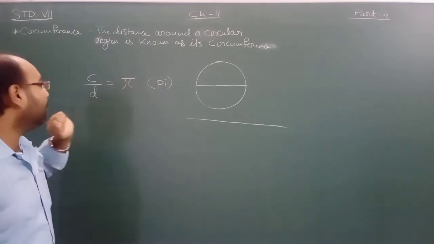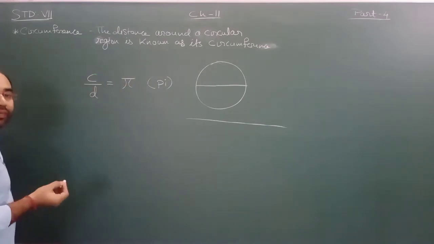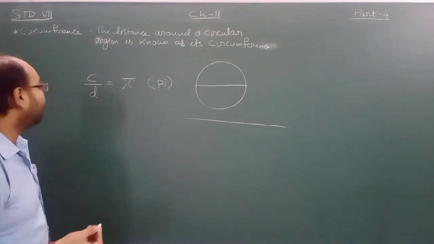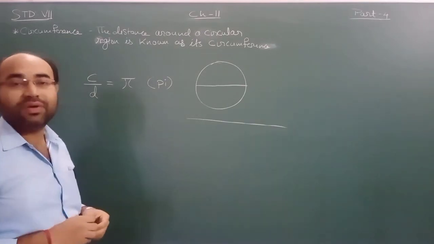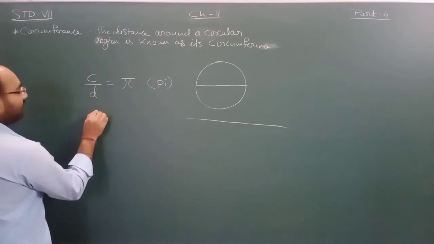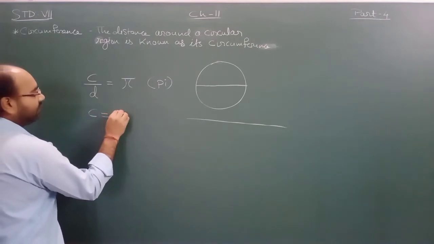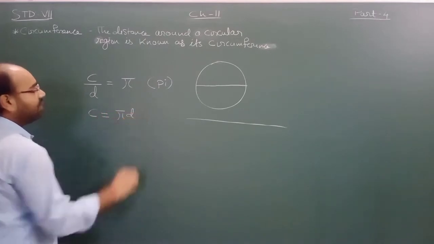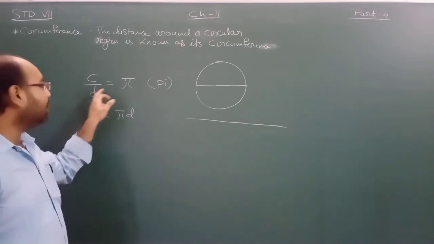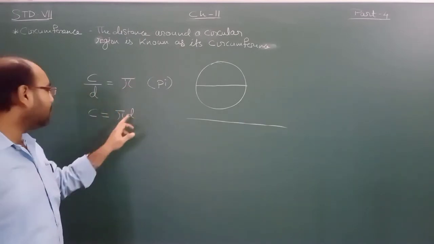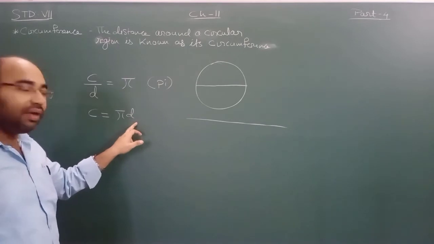Now if we want to find out the circumference, normally what we used to do: circumference is equal to pi, and this diameter will go here in multiplication, so it becomes pi into d.